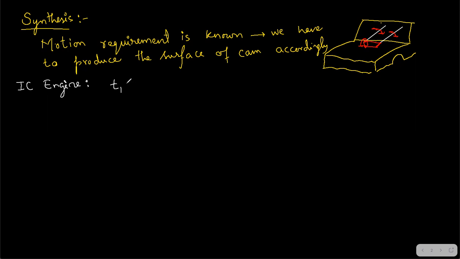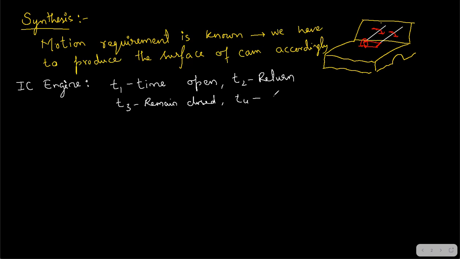For T1 time, valve needs to be open. Then I have a time t2 for return. Valve needs to be closed, and for t3 it has to remain closed, and for t4 it has to be open, right? Opened again.